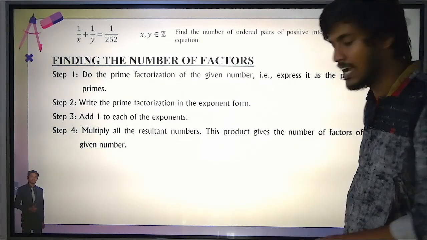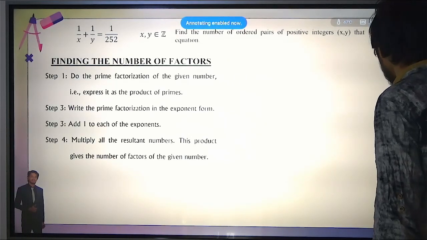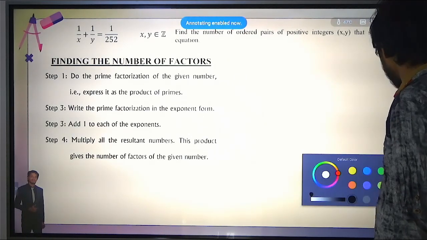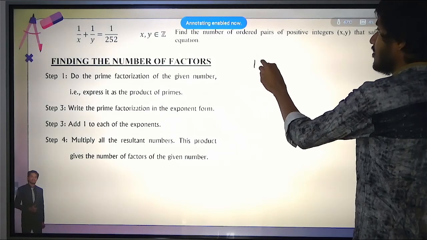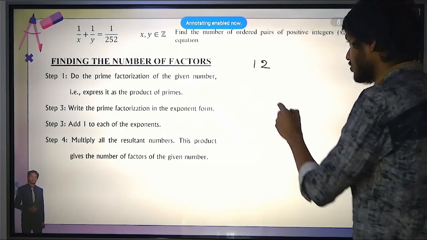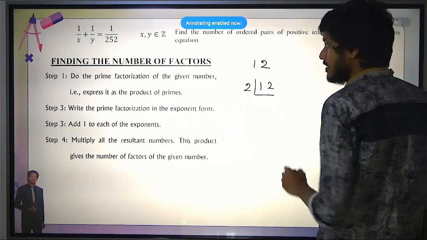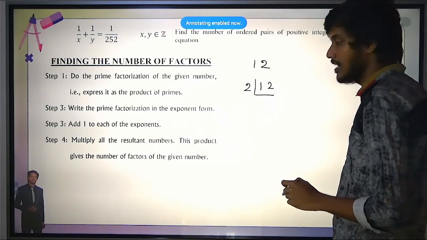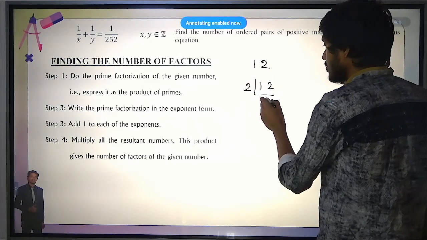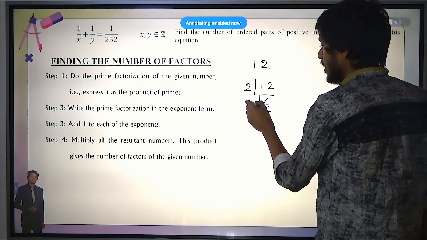Now let us see if this works for a certain number. Let me consider something like 12. If I have 12, I need to do the prime factorization for 12. So I need to divide this 12 by the prime numbers I know. So I am going to divide it by 2. I am going to get 6. Continuous division. Again 6 can be divided by 2.